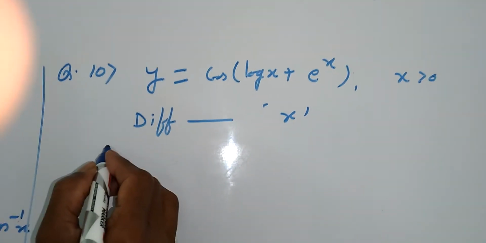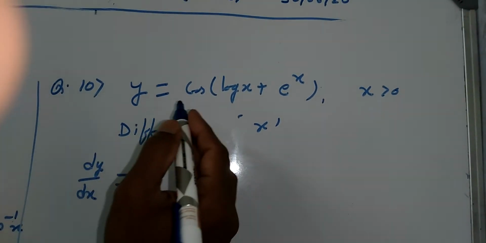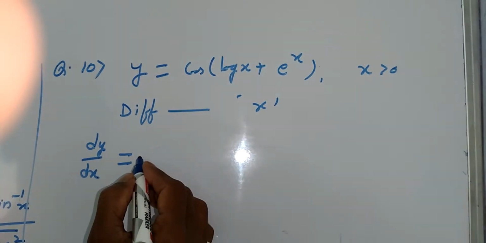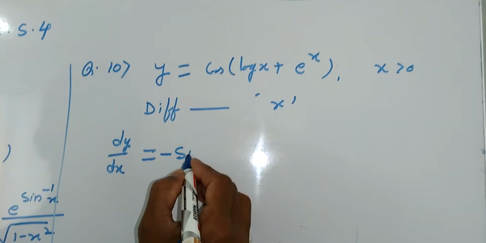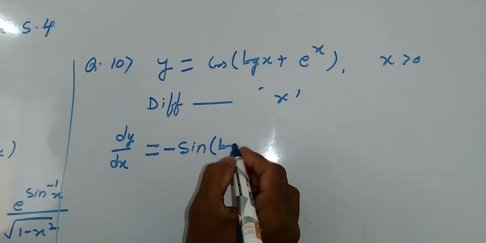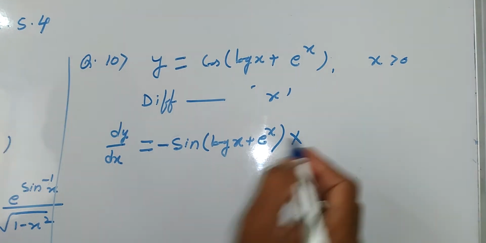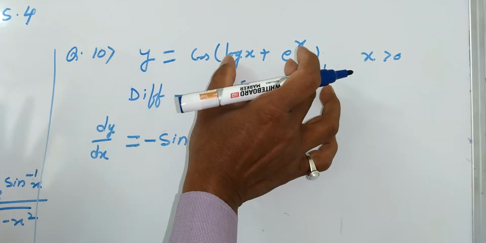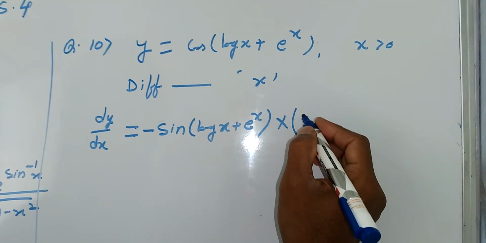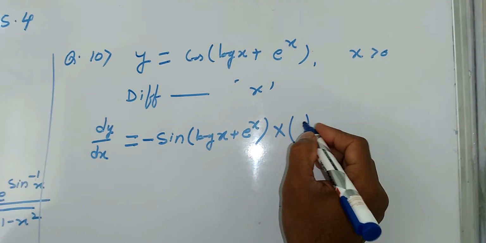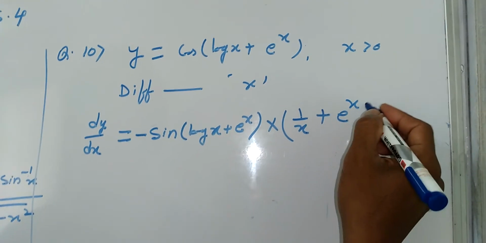So left hand side dy by dx. Now the derivative of cos x, we know, is minus sine x, so minus sine of log x plus e to the power x into the derivative of log x plus e to the power x. So the derivative of log x is 1 by x, and plus the derivative of e to the power x.